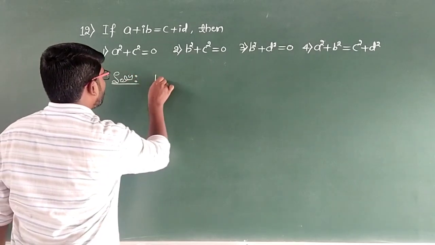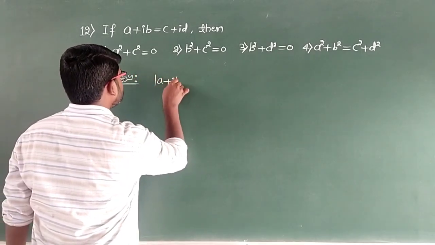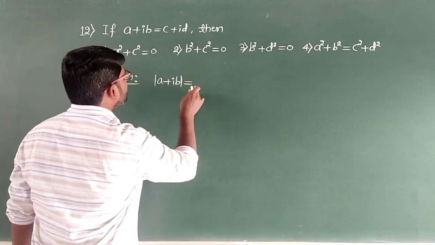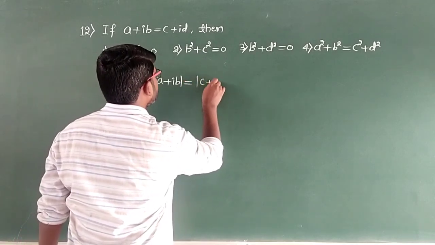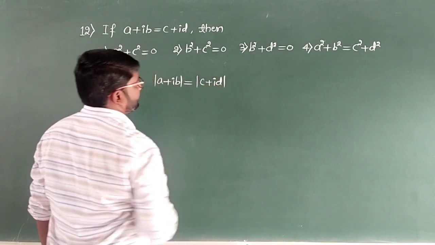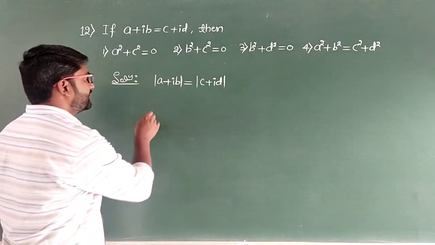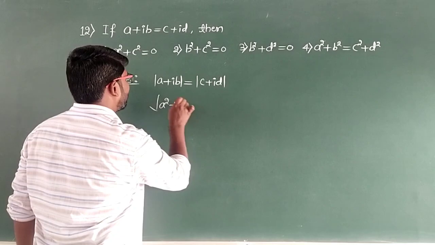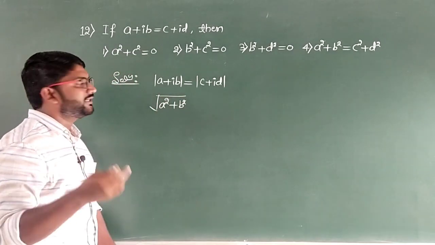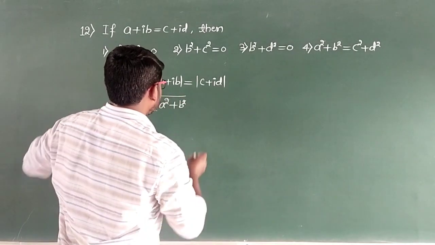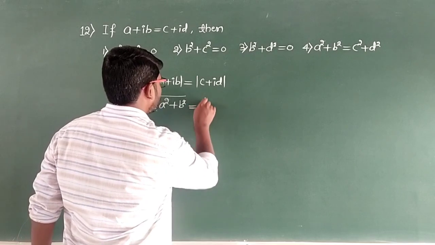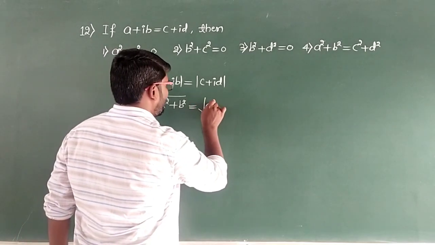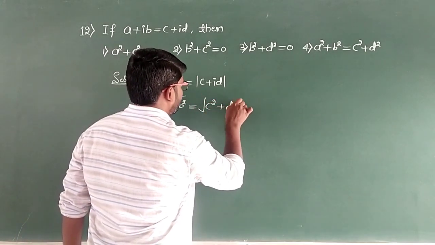What do we get here? Mod a plus ib, which is equal to mod c plus id. Now what is the modulus? It will be square root of a square plus b square, the square of the real part plus the square of the imaginary part. Similarly this is equal to square root of c square plus d square.